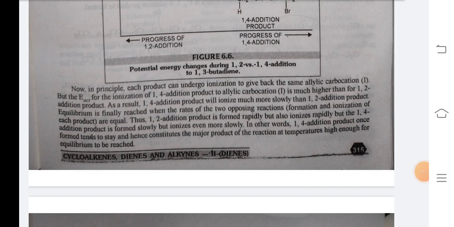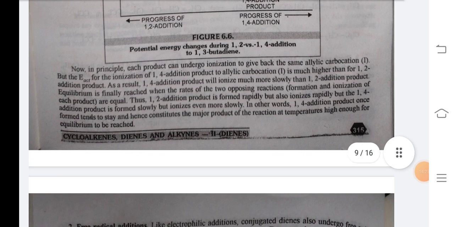Equilibrium is finally reached when the rates of the two opposing reactions are equal. Thus, the 1,2 addition product is formed rapidly, but also ionized rapidly, but the 1,4 addition product ionizes even more slowly. In other words, the 1,4 addition product once formed tends to stay and hence constitutes the product of the reaction at a temperature high enough for equilibrium to be reached.